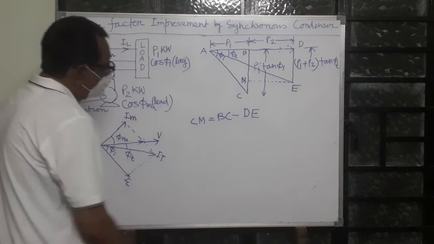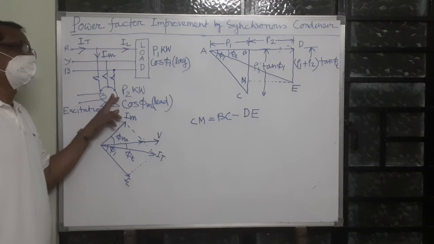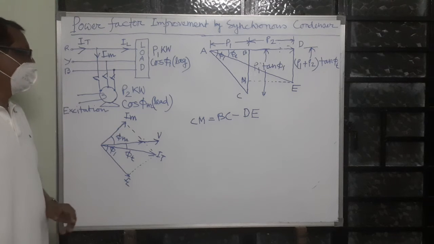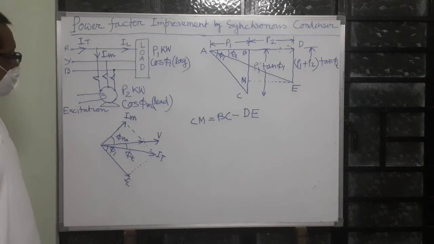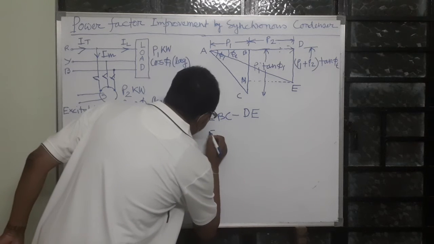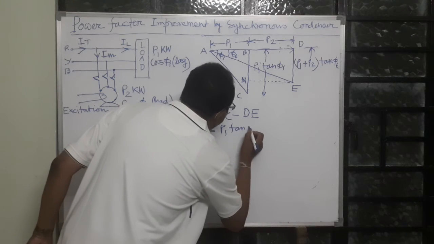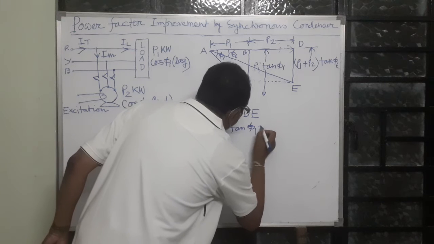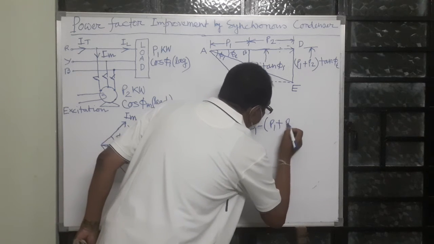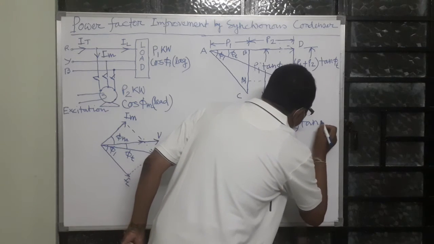So CM is the reactive power supplied by the synchronous machine. So the reactive power of the synchronous machine CM is equal to BC minus BE, that is P1 tan phi 1 minus (P1 plus P2) tan phi t.